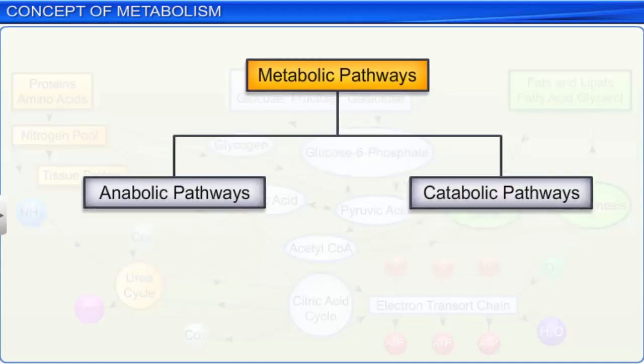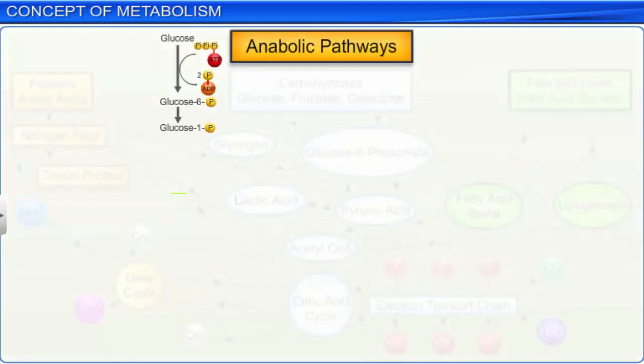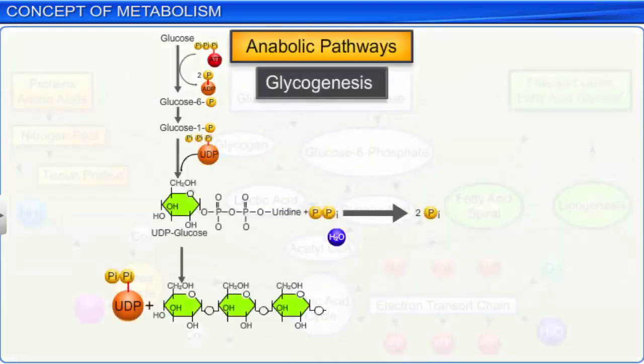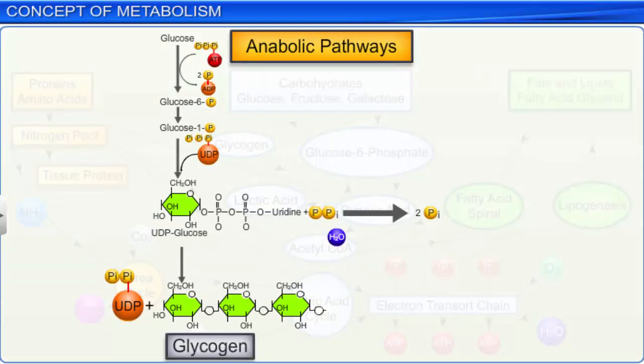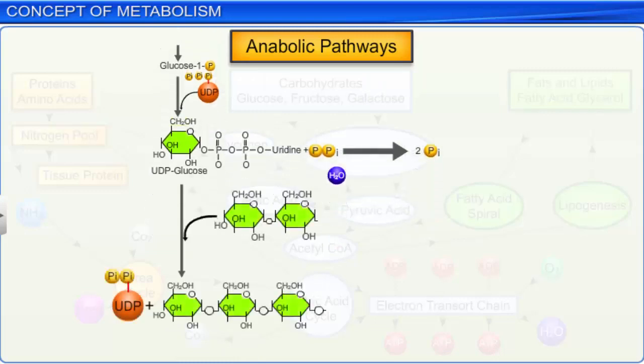Anabolic or biosynthetic pathways lead to more complex structures from a simple one. For example, the process of glycogenesis, which involves the biosynthesis of glycogen from glucose. In other words, glucose molecules are added to chains of glycogen for storage.